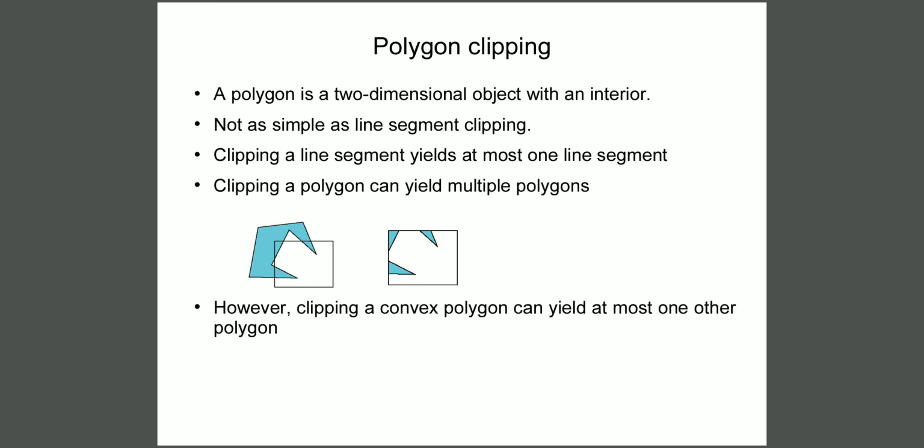In the same way, when we perform clipping on a polygon, the result may be a single polygon or it may be multiple polygons. To understand this statement, we'll consider the diagram below. In the first diagram, we are considering a polygon, and the rectangle is an output window. Because a part of the polygon is going outside the output window, we need to perform clipping on this polygon.